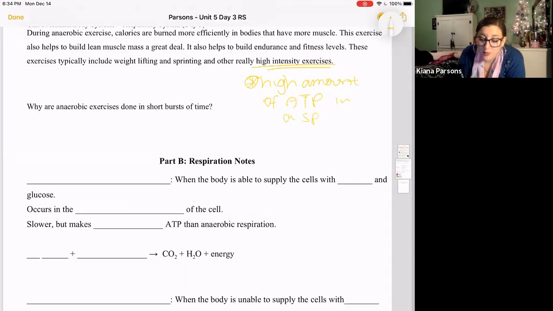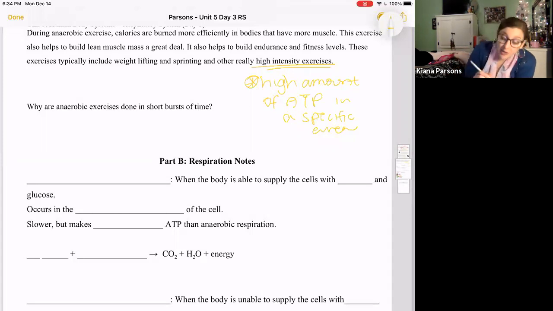So, for example, if you go to lift up something extremely heavy, that's using a really high amount of ATP in one specific area, right? Let's say like your biceps or your back, whatever part of your body is lifting something. If it's very heavy, those muscles need to use a lot of energy really quickly. That's high intensity. That's what we're talking about.